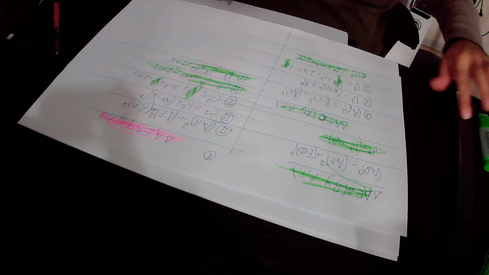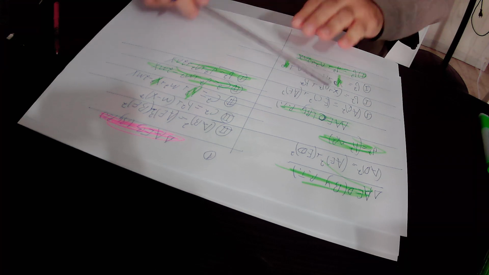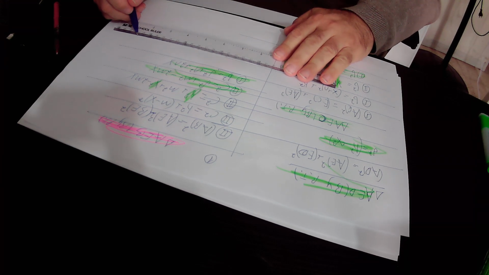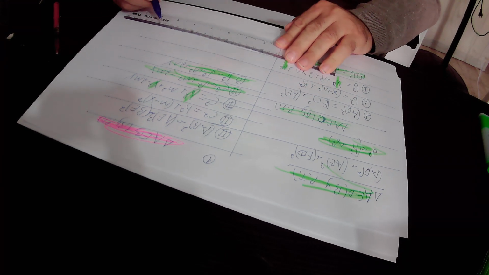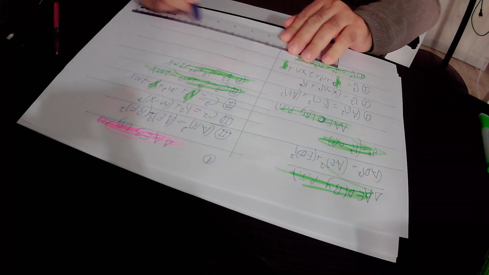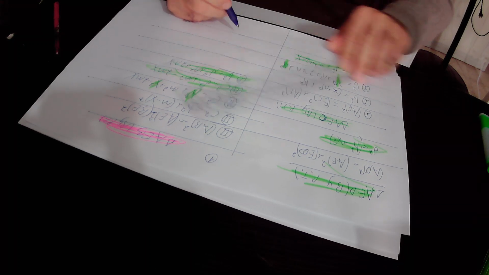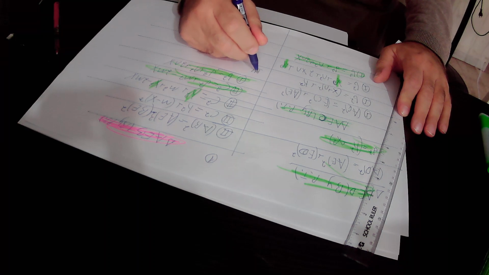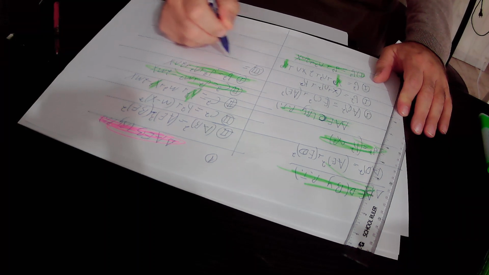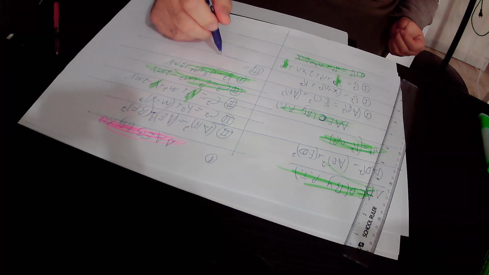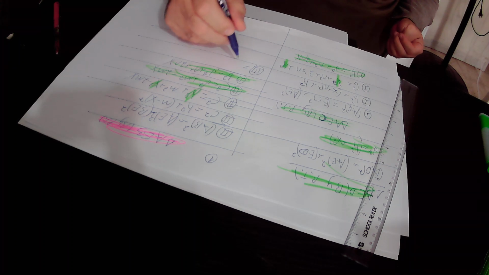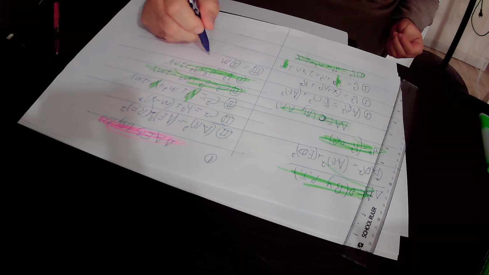In the next step, we create equation number 3 in the following way. In the first step, we multiply equation number 1 by m. In the next step, we'll multiply equation number 2 by n.